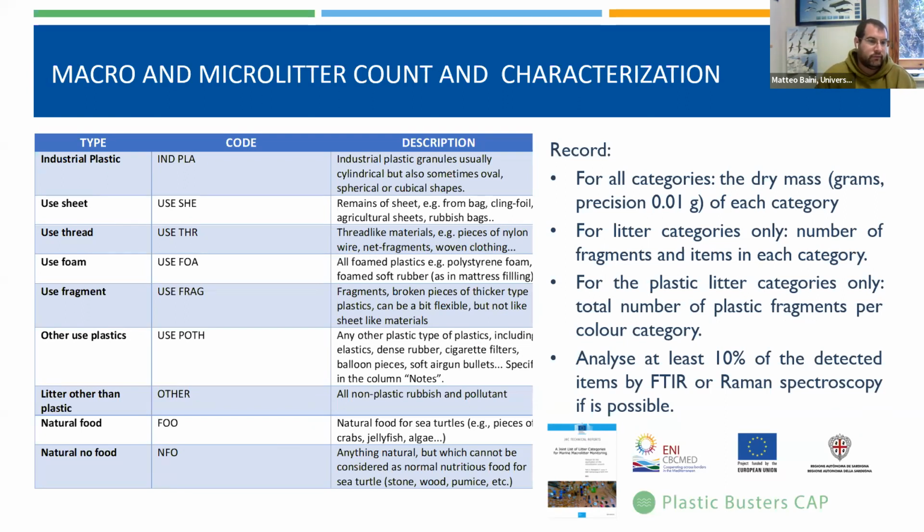There are 5: industrial plastic, industrial sheet-like, industrial thread-like, foam, fragments, and other plastic. But, as Tommy said before, if you are able to correctly identify the plastics, it is better to also use the joint list code for the litter items, in order to properly evaluate the source of the plastic items.